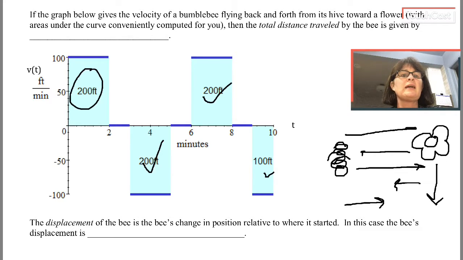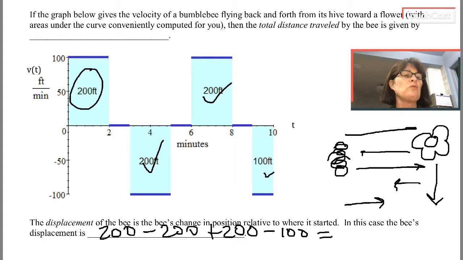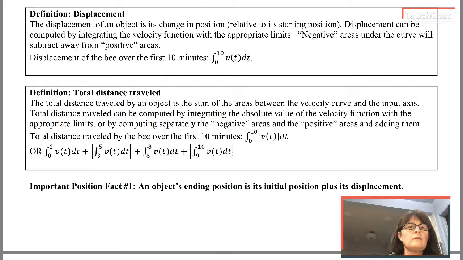So I could think of this as 200 minus 200 plus 200 minus 100, which gives a positive 100 feet displacement. So we're going to see lots of examples where we differentiate between those two ways of thinking about distance, and we'll find a way to use integrals to help us.